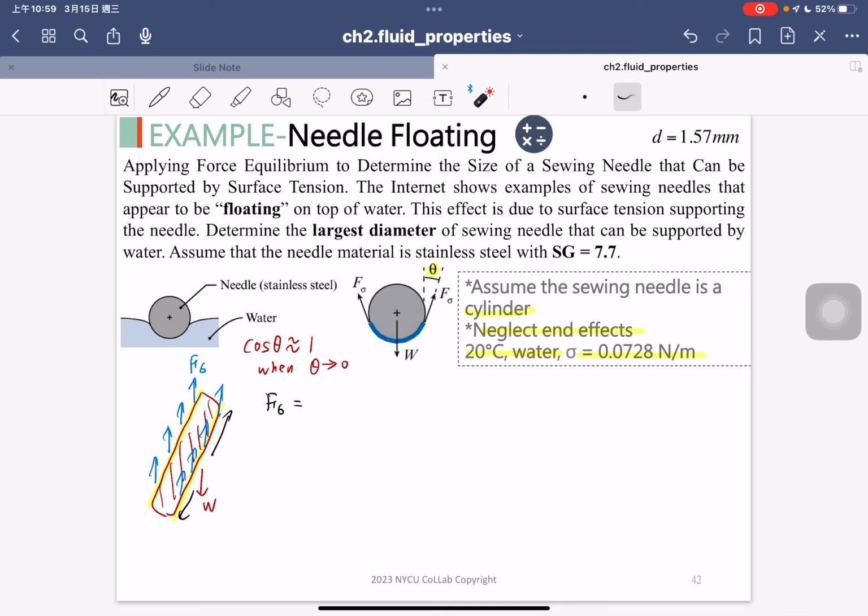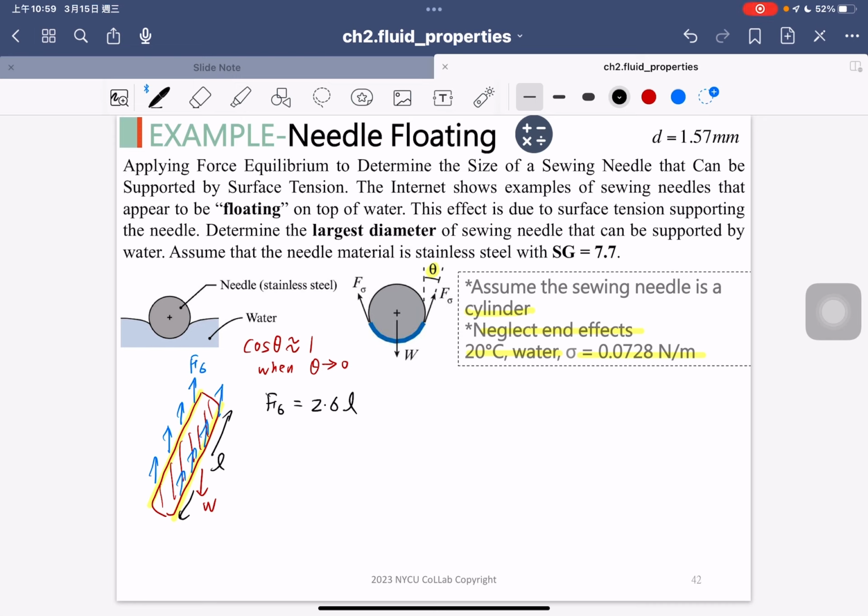So I assume the needle length is L. So we have 2 times sigma L, right? Because in total we have 2 interfaces on the surface, so it contributes 2 times the surface tension force.